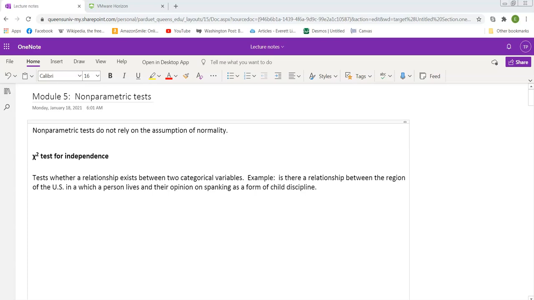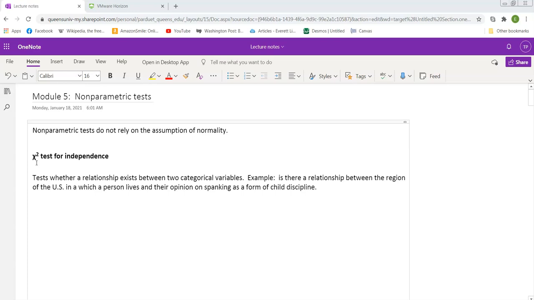So the first non-parametric test we're going to do is called the chi-square test for independence. And a little bit about the name of the test. This is a lowercase Greek letter chi. It's actually a curly X, and it's lowercase, which is why it might look a little different than the ones you've seen associated with fraternities or sororities.